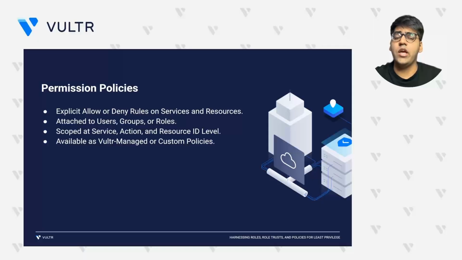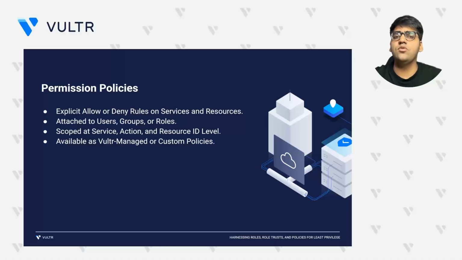In Vultr IAM, permission policies are what actually define access. They contain explicit allow or deny rules on specific services and resources, making them the core building block behind every access decision. These policies can be attached to users, groups, or roles and are scoped at a very granular level, down to the service, the action being performed, and even the specific resource ID.